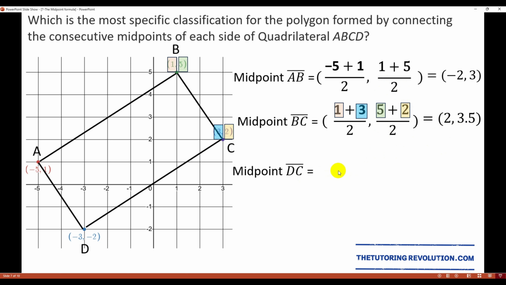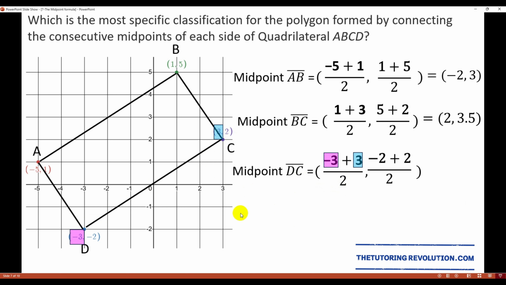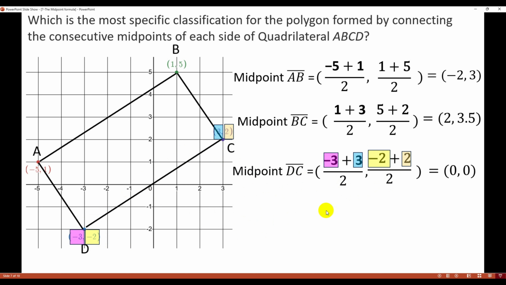Now, for the midpoint of DC, this side of the quadrilateral, I should say, same protocol, right? Negative 3 plus 3 divided by 2, and negative 2 plus 2 divided by 2, which is 0, 0.